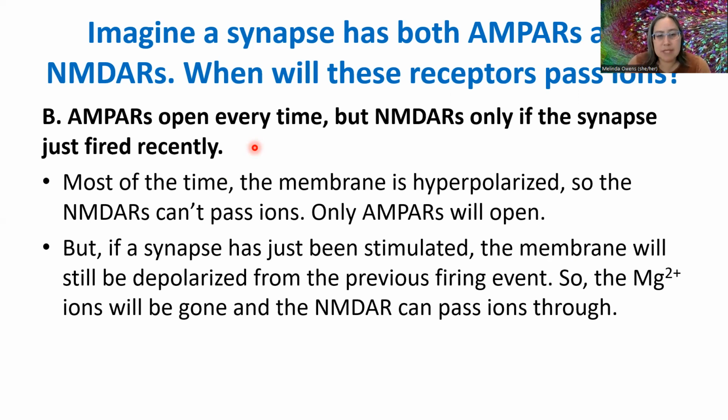But if a synapse has just been stimulated with a stimulation protocol, the membrane will still be depolarized from the previous firing event. So that magnesium ion will be kicked out and the NMDA receptor can open and pass ions through if there's glutamate.